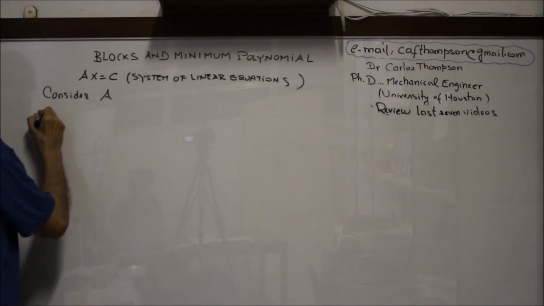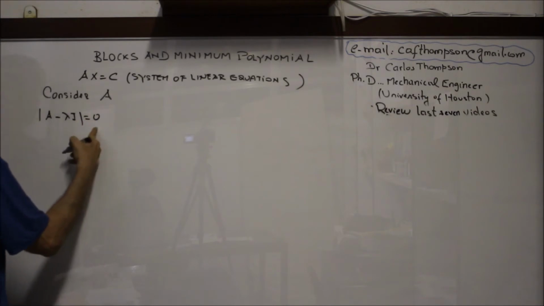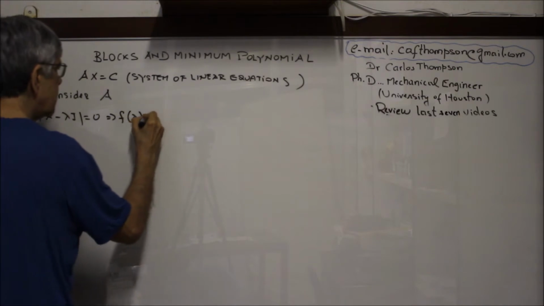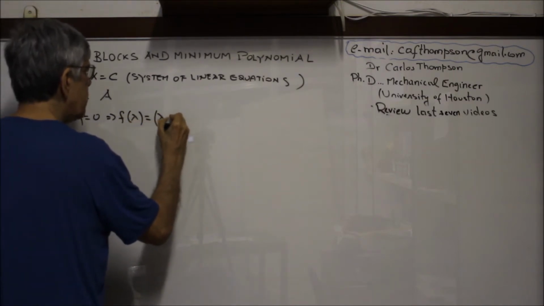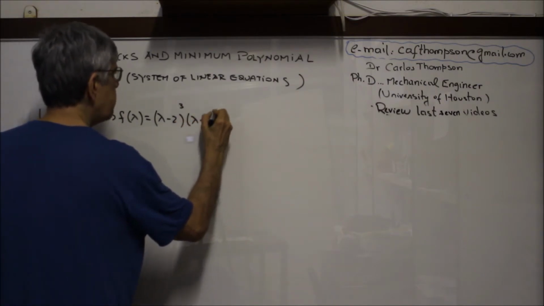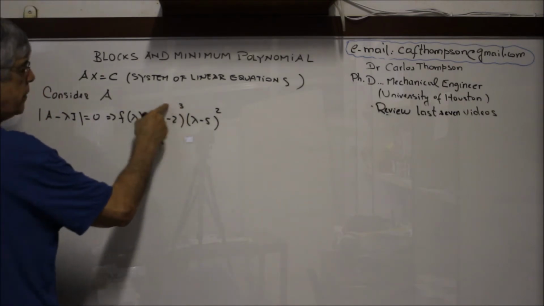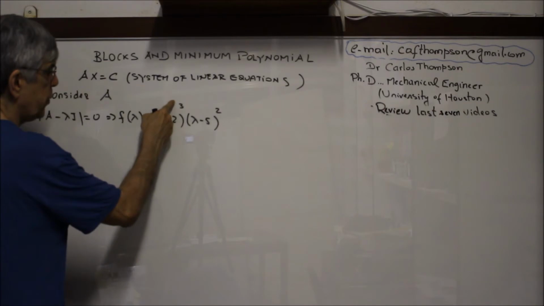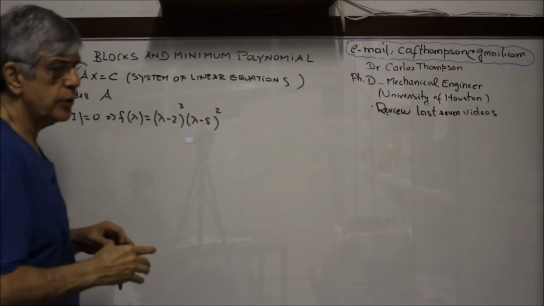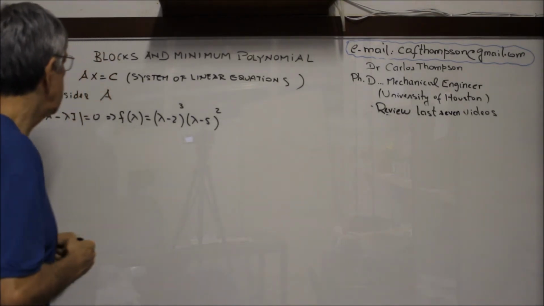Now, the eigenvalues: I just impose the determinant to be 0. Suppose f of lambda is equal to lambda minus 2 to the power 3, times lambda minus 5 to the power 2. Suppose the multiplicity for lambda equal to 2 is 3, and the multiplicity for lambda equal to 5 is 2. That's what we used to call the symbol alpha.